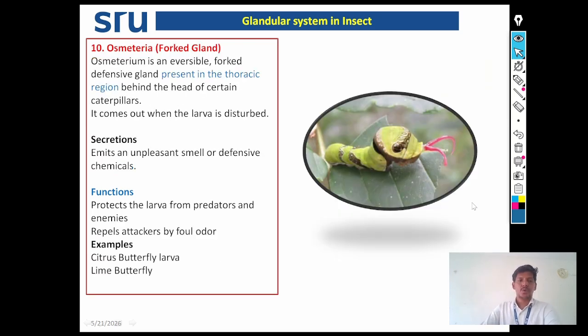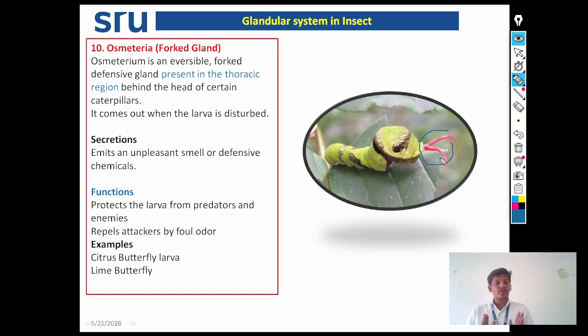Next exocrine gland is osmeterium or forked gland. See, this is the osmeterium. Osmeterium is an eversible forked defensive gland present in the thoracic region just behind the head of certain caterpillars.